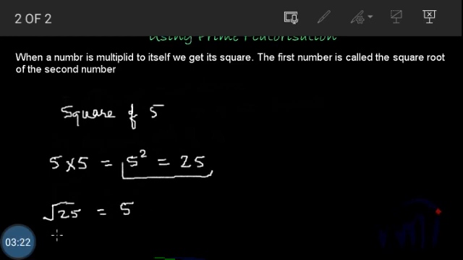Yes, but here we have one twist in this. If we multiply 5 by 5, we get 25, right? At the same time, when I multiply minus 5 by minus 5, then also I get 25, right?